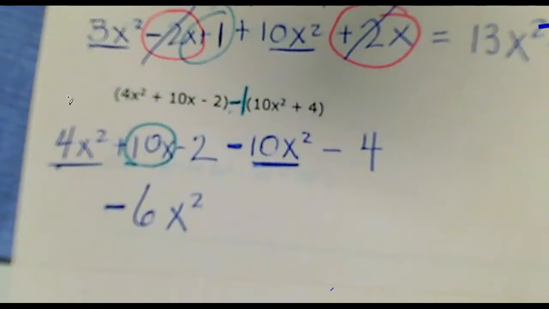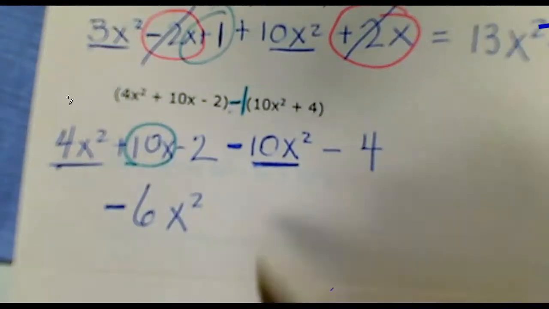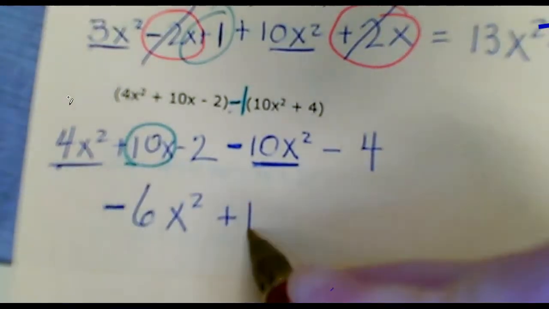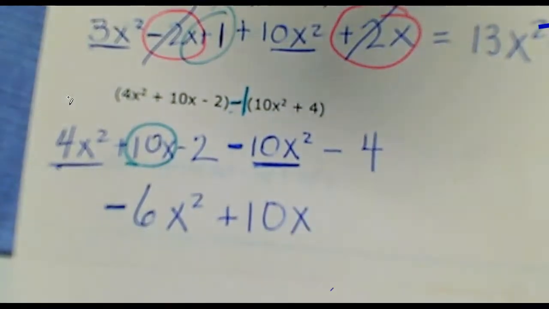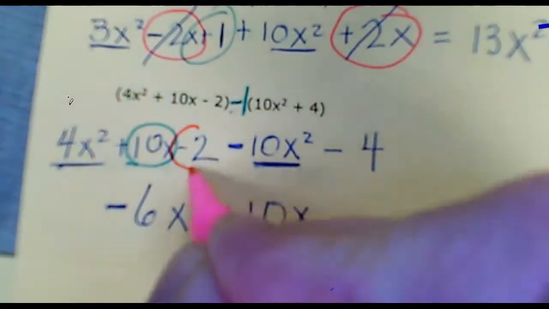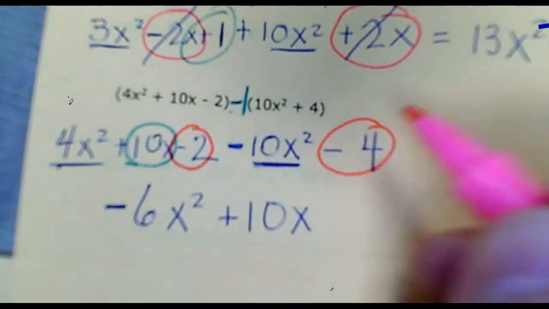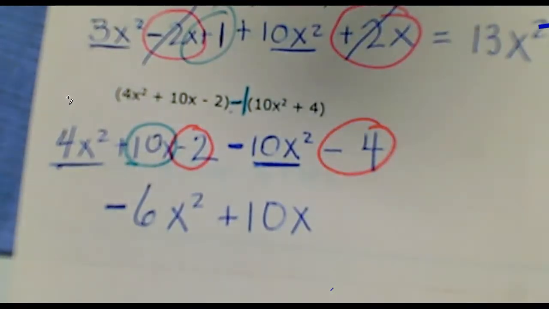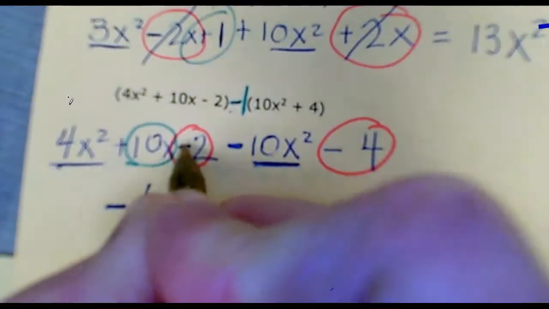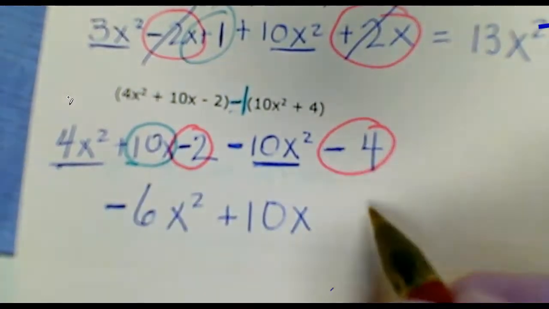Okay, this one right here has an x without any power. Is that the only x without any power? Okay, and then we have this constant and this constant. Why do I call them constants? They don't have a variable, and this is a -2 and a -4.